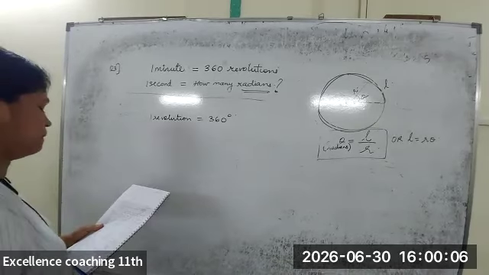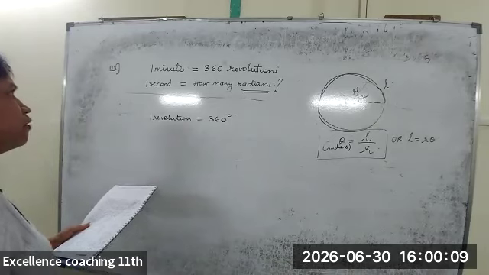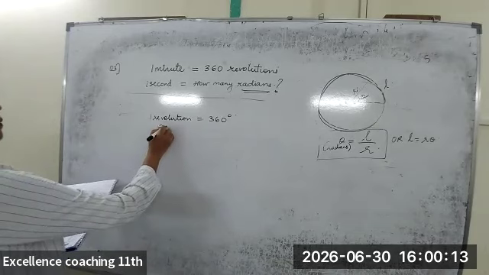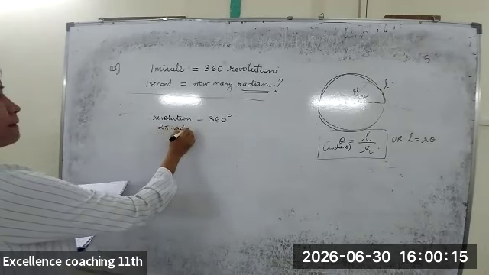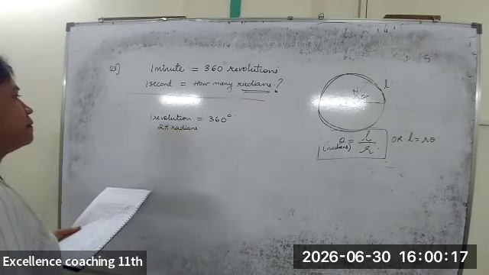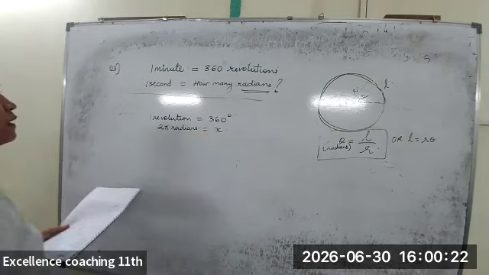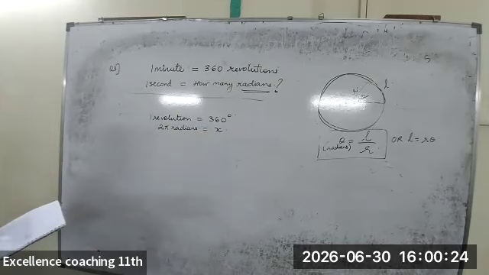One full revolution will be 2 pi radians, in terms of x.